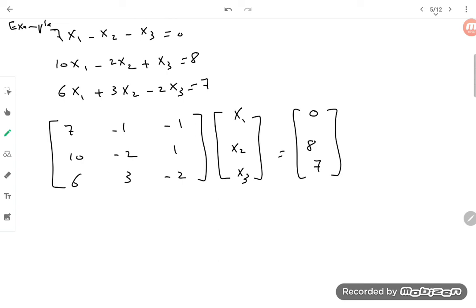So as we said, the first step is to calculate the main determinant of this matrix.